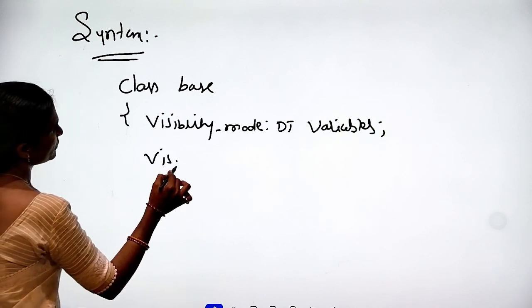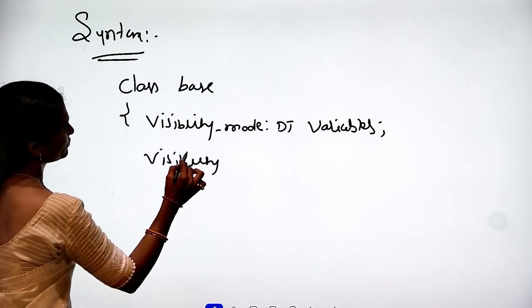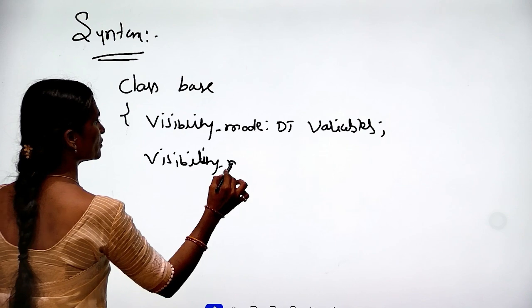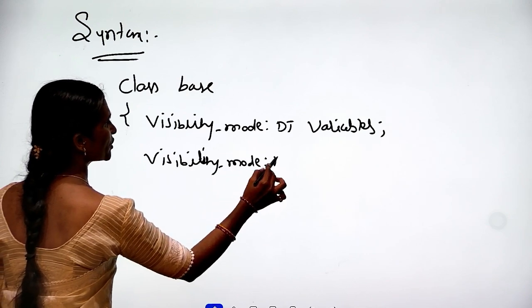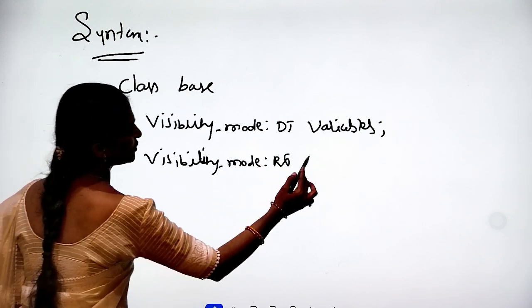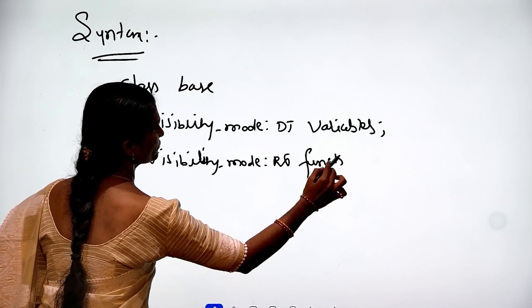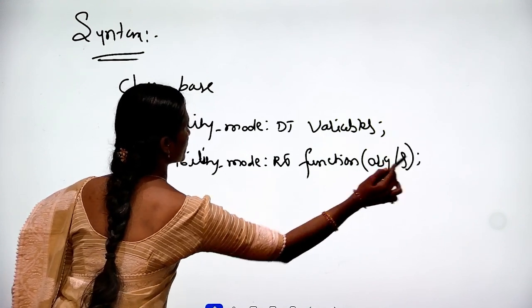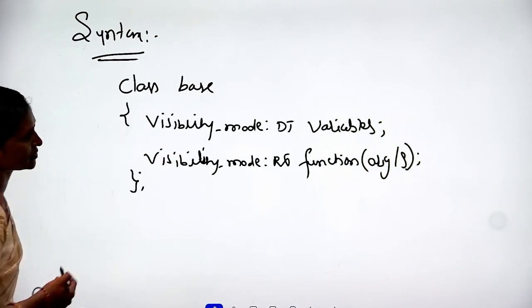Similarly, visibility mode, return type of the function, then function name and arguments. Close with the display.